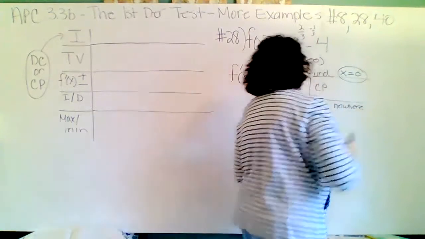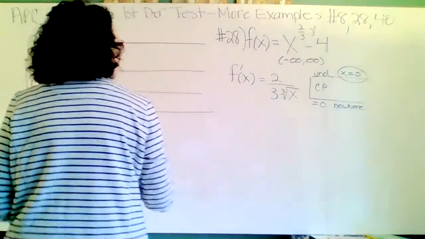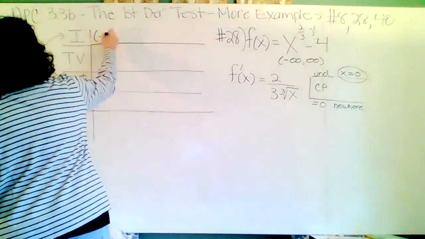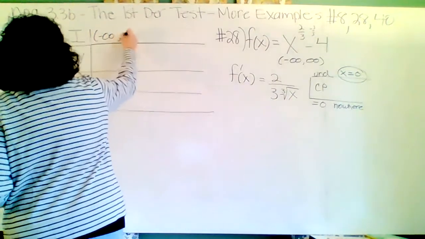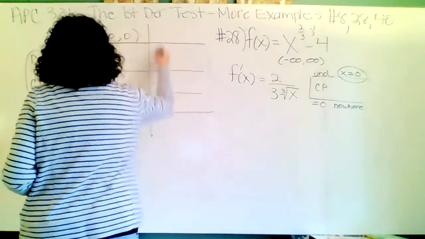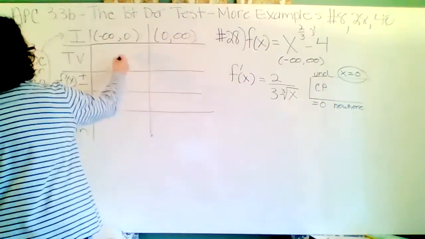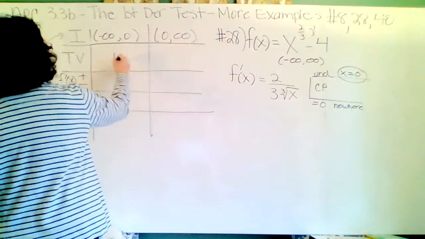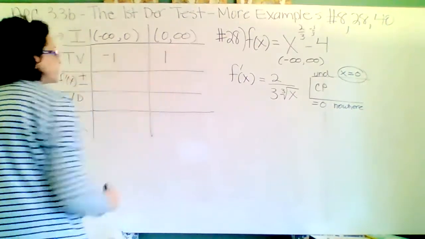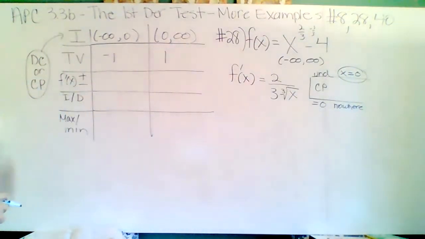All right. So let's go ahead and write our intervals. This time we only have 2. We're going from negative infinity to 0, and from 0 to infinity. All right, test values, how about negative 1 and 1? Okay, and let's take a look.